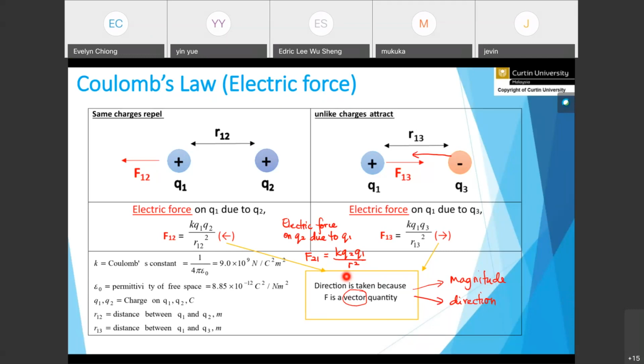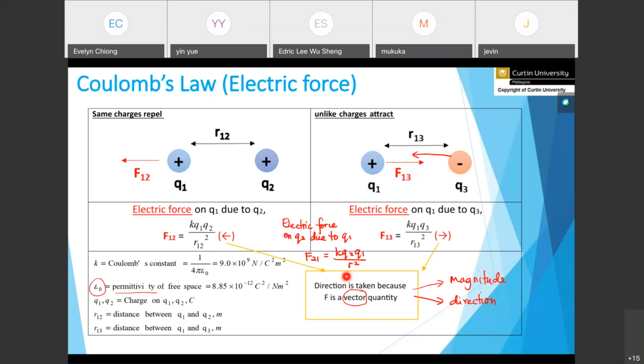Okay, so K here is actually Coulomb's constant. So it is 1/4 pi epsilon naught. So this epsilon is the permittivity of free space, and it has a constant 8.85 times 10 to the power of -12.